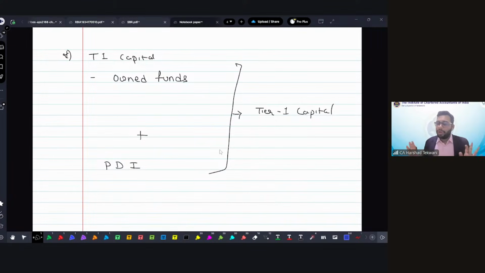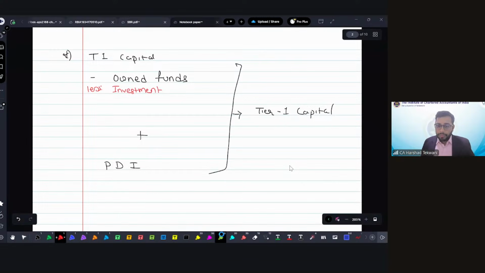This is a simple shortcut. But before adding these amounts, I am required to reduce something from them. Before adding the net own funds, I'm required to reduce, that is less, investment in shares, debentures, bonds.